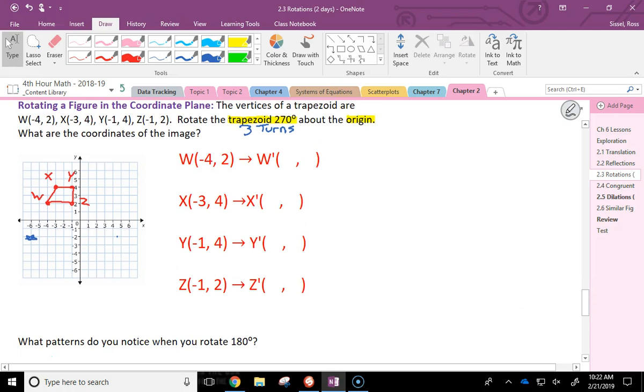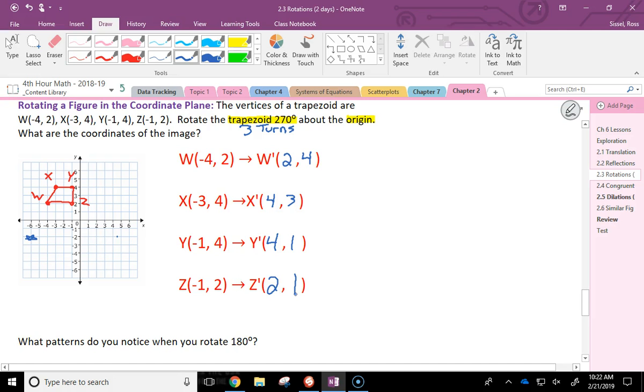Do they stay 4, 2, or do they go 2, 4? They flip with 3 turns, 1 or 3, 90 or 270. We're going to flip our coordinates. So instead of 4, 2, I'm going to say 2, 4. Instead of -3, 4, I'm going to say 4, 3. 4, 1. 2, 1. This is our new coordinates. Did we make them negative?